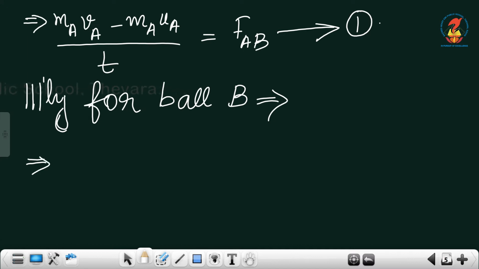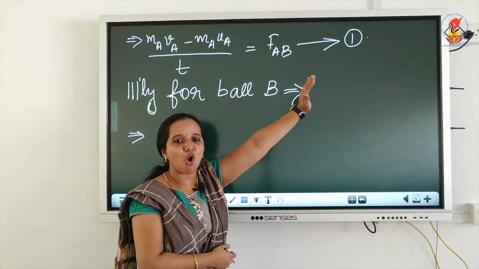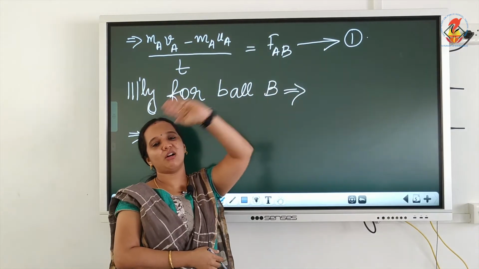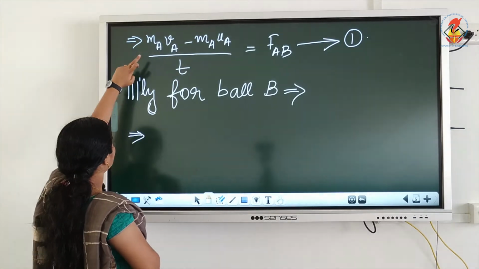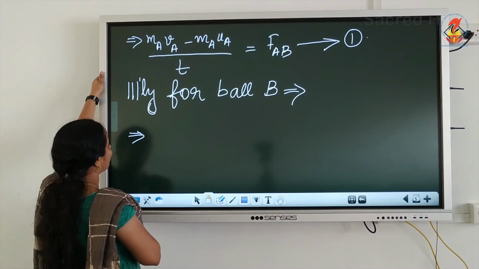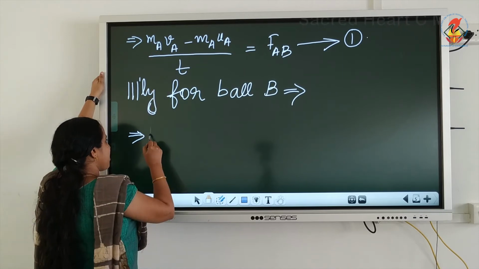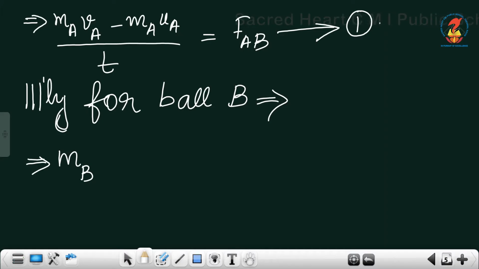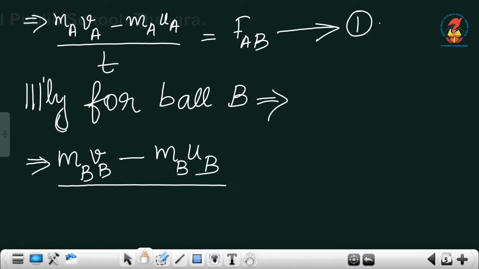Now for ball B also, rate of change of momentum is equal to the force exerted by ball B on ball A. So to find rate of change of momentum for ball B, since we are dealing with ball B, it is mass of ball B into velocity of ball B minus initial momentum of ball B, that is MB into UB, divided by time.